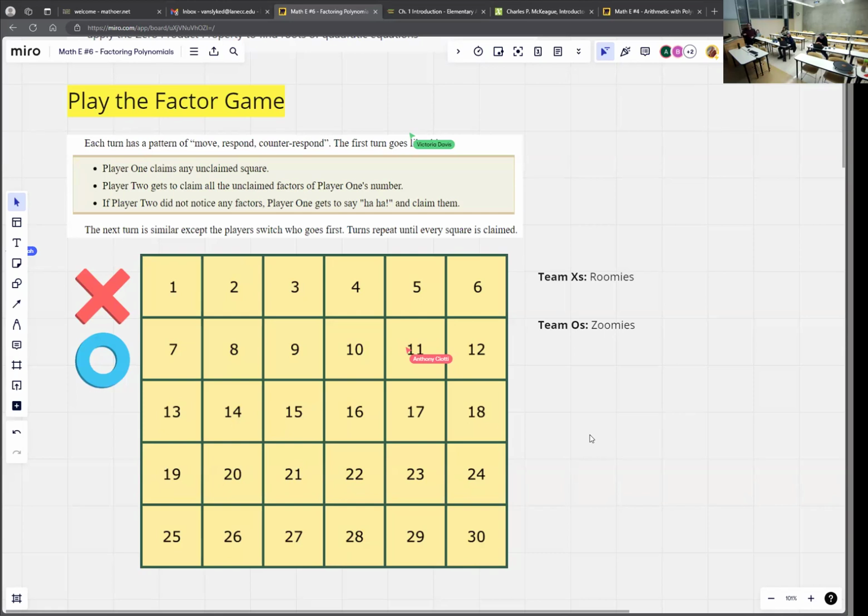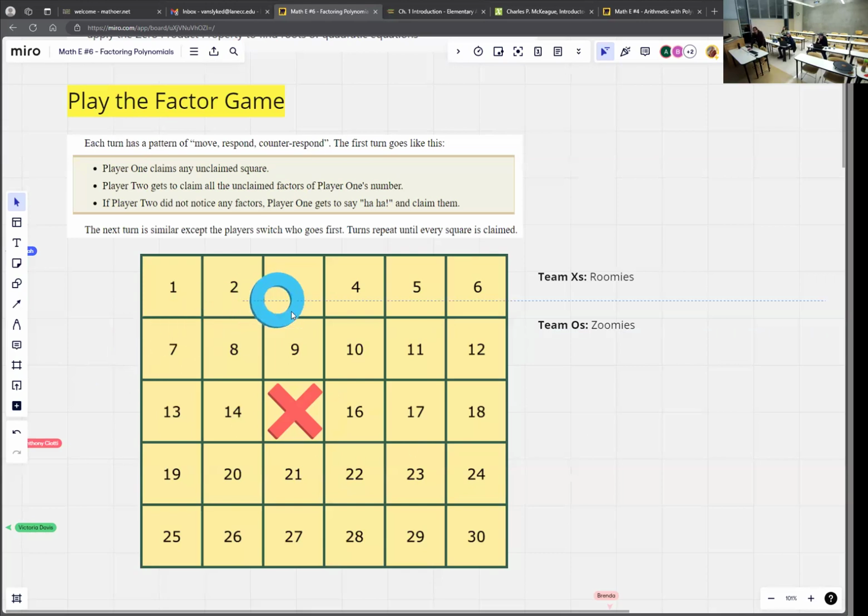As an example, roomies, somebody grab your X and move it to any spot on the board. This won't be your actual play, we're just doing a sample turn. So if you picked 15, then the other team would get to react and pick all of the unclaimed factors of your number. So what are factors of 15?